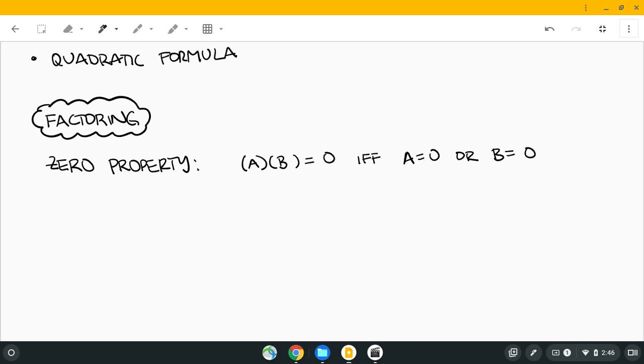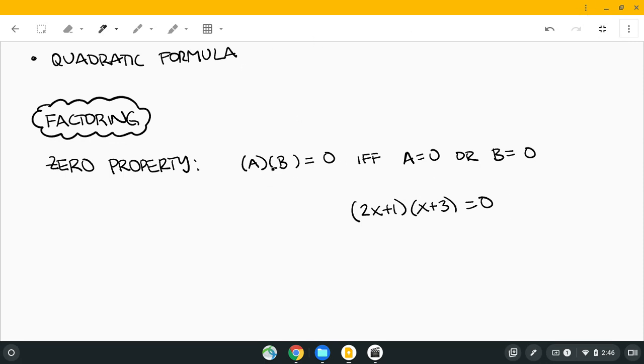Just to give you here, you don't have to copy this part down, but this is just an example. Suppose that I have (2x plus 1)(x plus 3) equals 0, right? So let's suppose we have these two factors. We factor our quadratic. This is what we get. So we have these two factors.